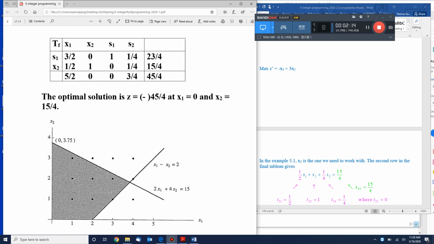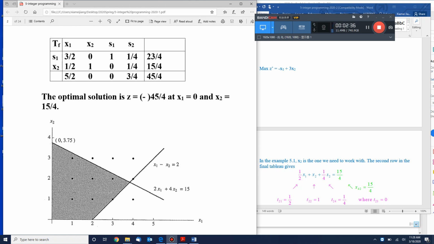You probably want to say, okay, x2 equals 15/4, that's 3.75, which is very close to 4, right? What if we choose x2 equals 4 as the optimal solution for the integer program?